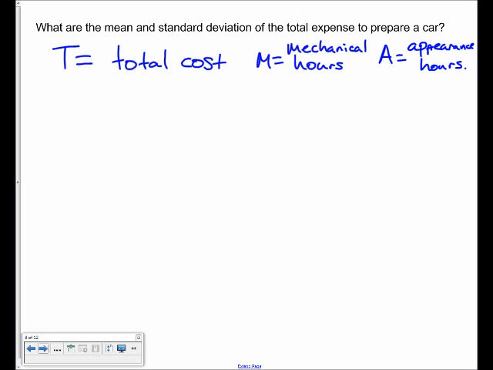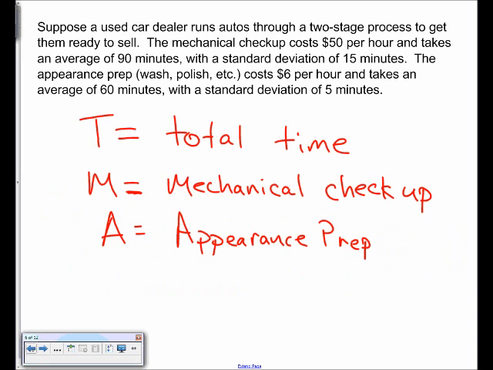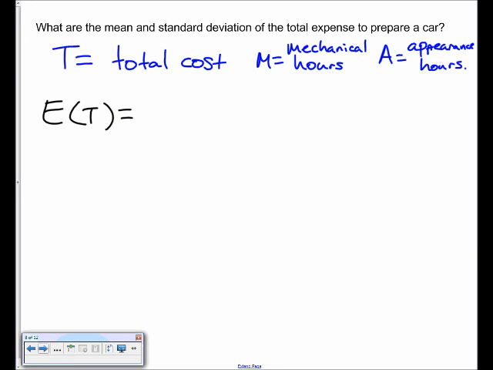Okay, so I want to find the total expense or total cost, the expected value for my total cost, which is going to be my expected value for the time in hours for mechanical. If it is 90 minutes for the expected time, the average time, then the average time in hours is going to be 1.5.